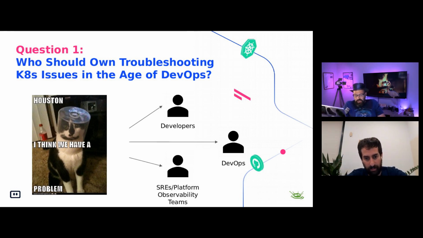And I think here the answer is very clear. It is the infrastructure folks, mostly for two reasons. The first is they are the ones on call, right? This is part of their job description. They're there for this exact scenario when things go bump at night.